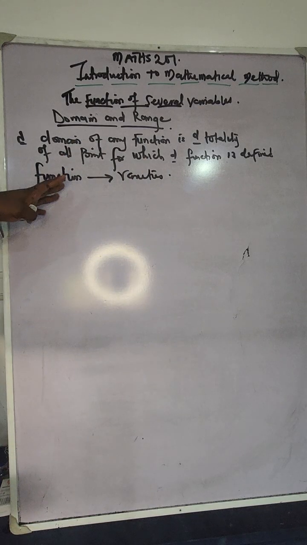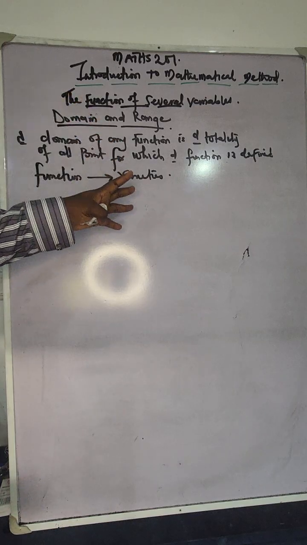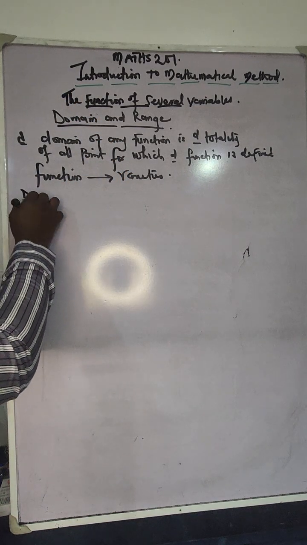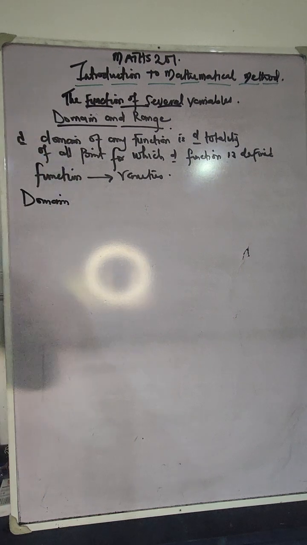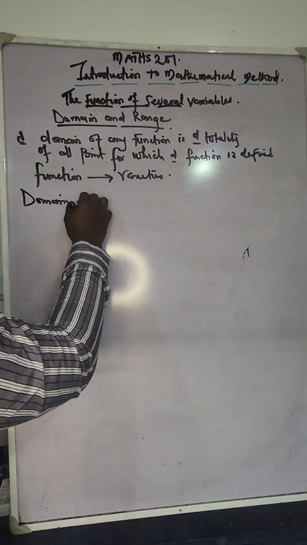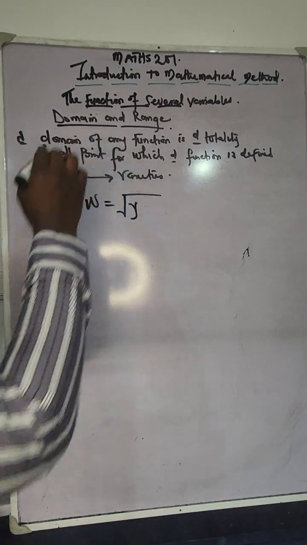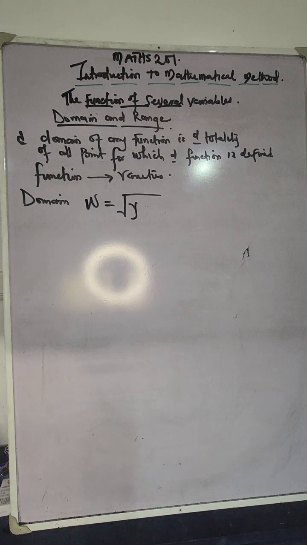What makes a function defined, right? For example, let's find the domain of w equals the square root of y minus x squared.